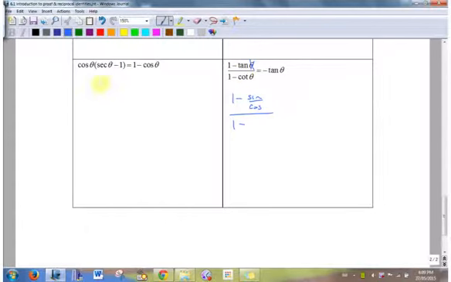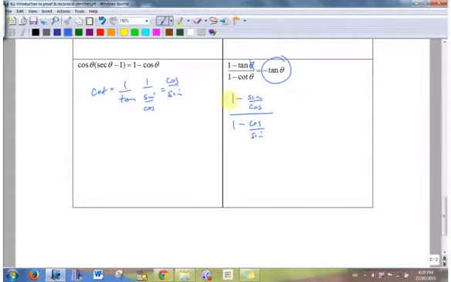Cotangent is the reciprocal of tangent. Tangent is sine over cosine, so cotangent is cosine over sine. So I want to make the left side look like the right side. That's step one. Now what do I do?